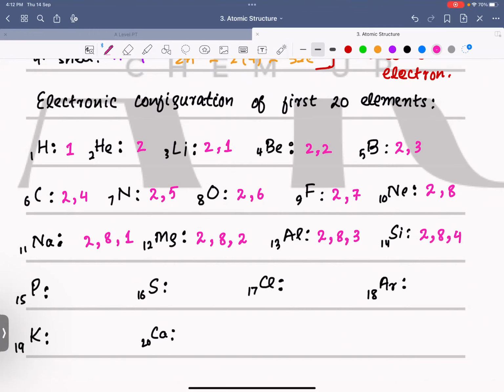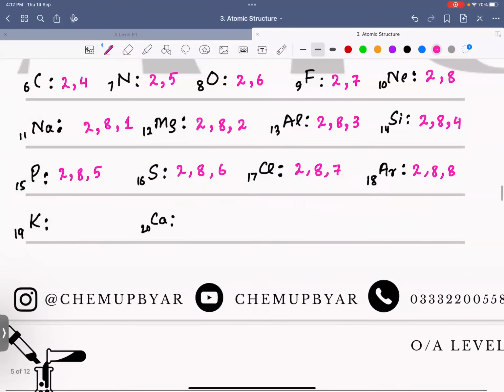For silicon, 2,8,4. Then phosphorus, 2,8,5. Then sulphur, 2,8,6. Then chlorine, 2,8,7. Then argon, 2,8,8. And then we have potassium, 2,8,8,1.